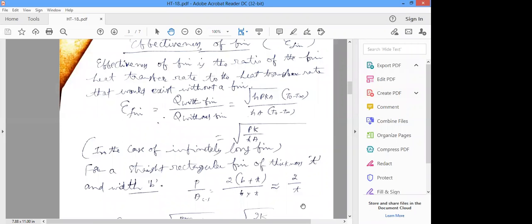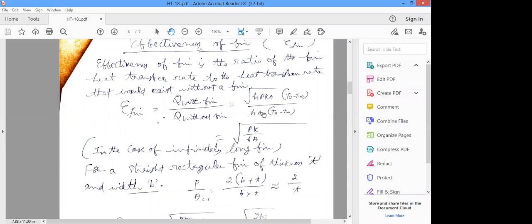if there is no pin. For example, on the cylinder head of an IC engine, if you remove the pin, how do you calculate the heat transfer rate? If there is no pin, that is the cross section, and the heat is given to the outside environment by convection. Here also the denominator is the convective heat transfer rate only, but not over the fin surface area, because there is no pin here.